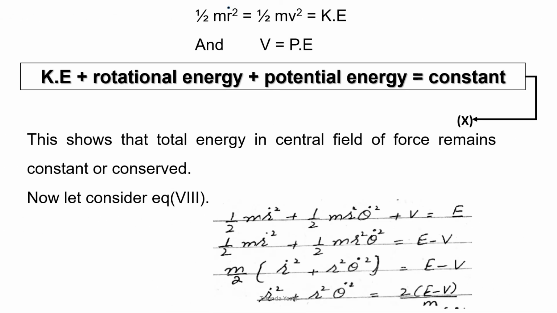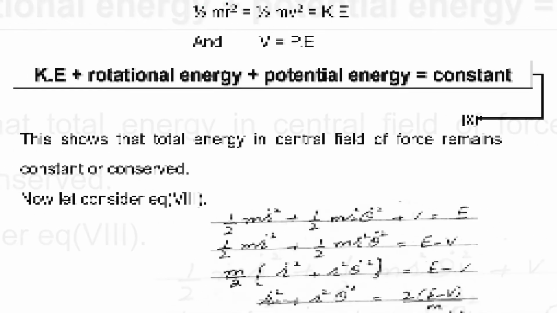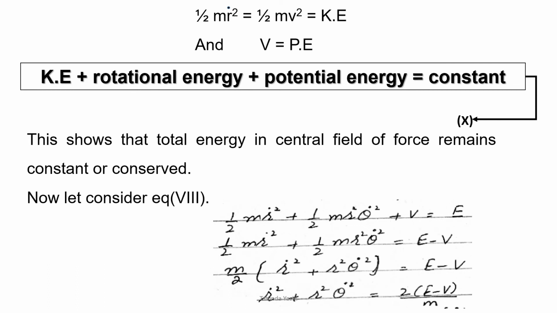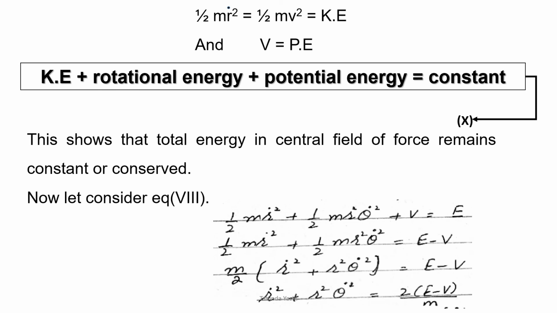From here, taking 1 over 2 and m common, we have m over 2 into bracket r dot square plus r square theta dot square bracket close, equal to E minus V. Taking that m by 2 to the right hand side, it is converted into 2 by m, so r dot square plus r square theta dot square is equal to 2 into E minus V over m.